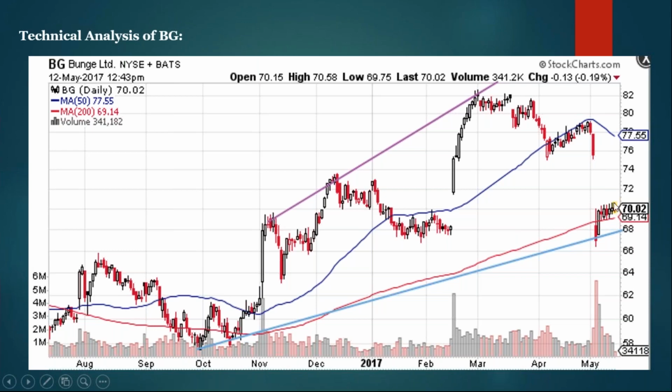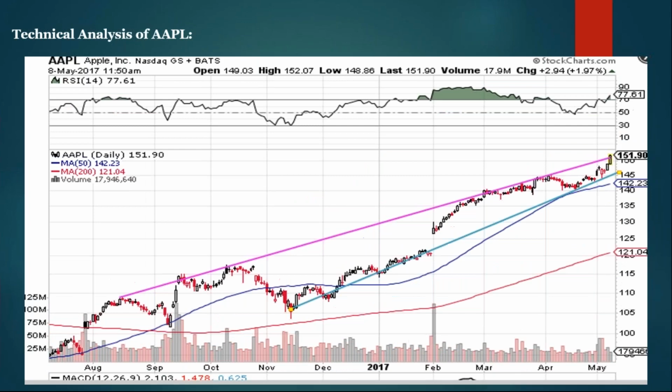So if we keep watching BG, one of these days we will catch the move. When it rises and starts making this kind of candle, we catch this move and sell somewhere here, 74, 75. So that's the goal, to keep watching BG for an upside move.